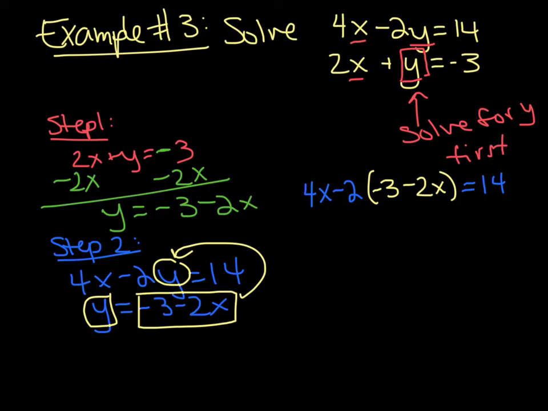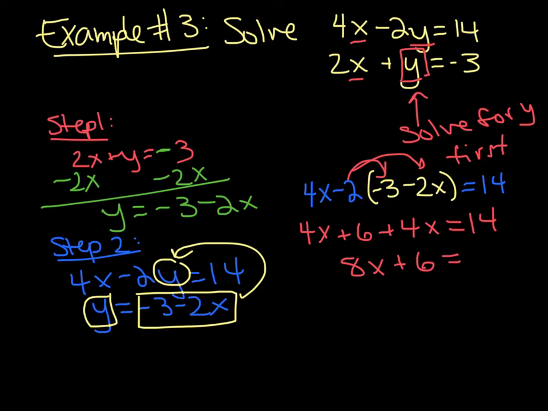Then I'm going to solve it out. I get 4x. If I distribute my negative 2, I then get plus 6 plus 4x equals 14. I'm going to combine my like terms, which gives me 8x plus 6 equals 14. If I subtract 6 from both sides, I get 8x equals 8, or x equals 1.